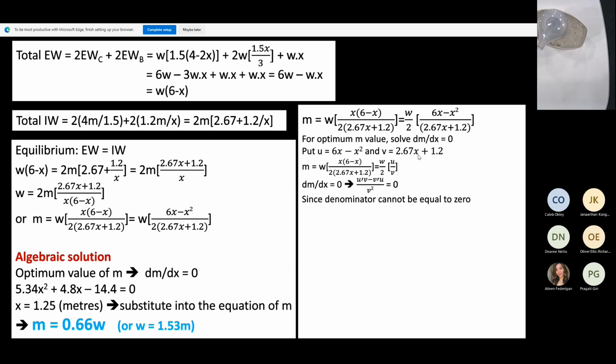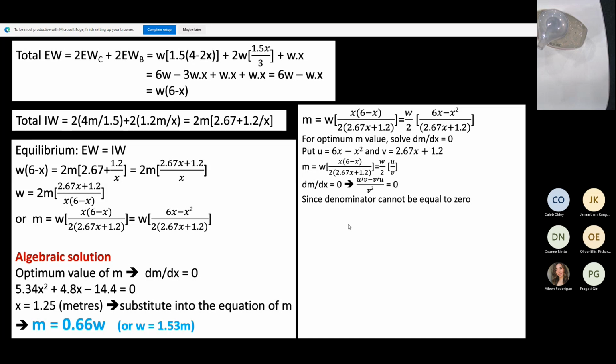Because the denominator cannot be 0, the only thing left is the numerator. So you need u dash v minus v dash u equals 0. What is u dash? What's the derivative of u?